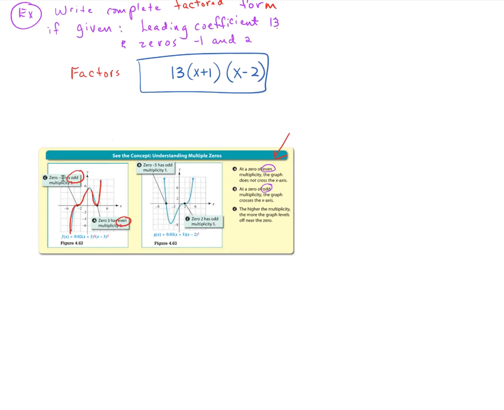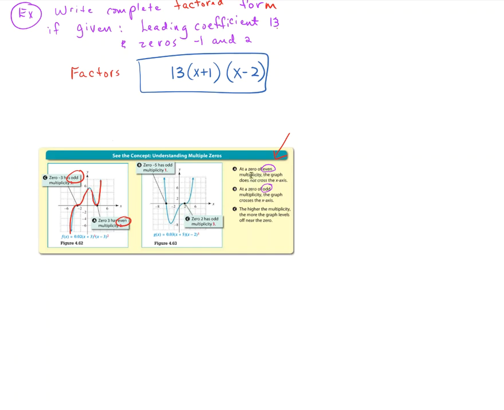The 0 at -3 has odd multiplicity of 3. This one has an even multiplicity of 2. And so that's the picture. This one's going through. This one's just touching. This 0 at -5 has an odd multiplicity of 1. This one has an odd multiplicity of 3, which you can't really see, but it's going and crossing, but there's more than one there.